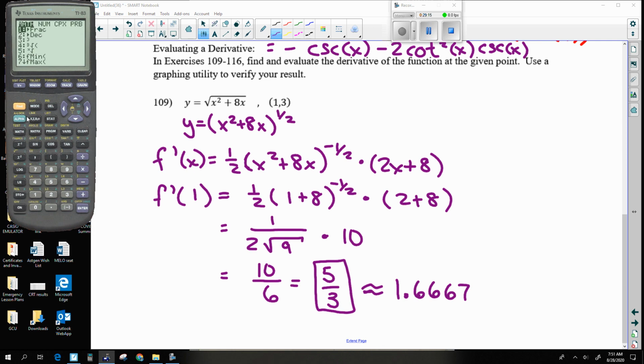I'm going to just use the calculator, not really graph it, but use nDeriv of the square root of x squared plus 8x with respect to x, so comma x, at the x coordinate of 1. Gosh darn, we're good. That's good stuff.